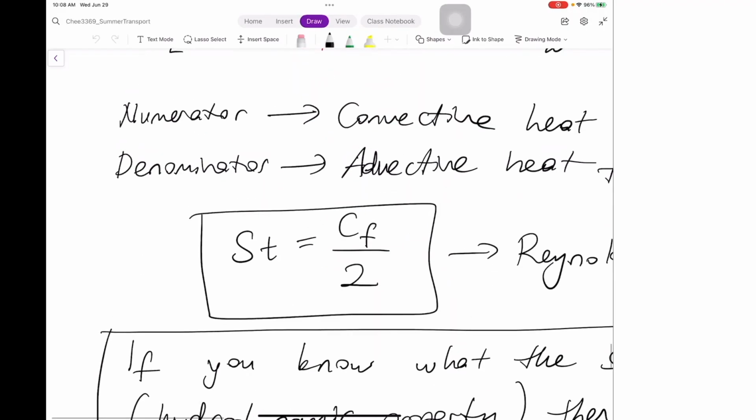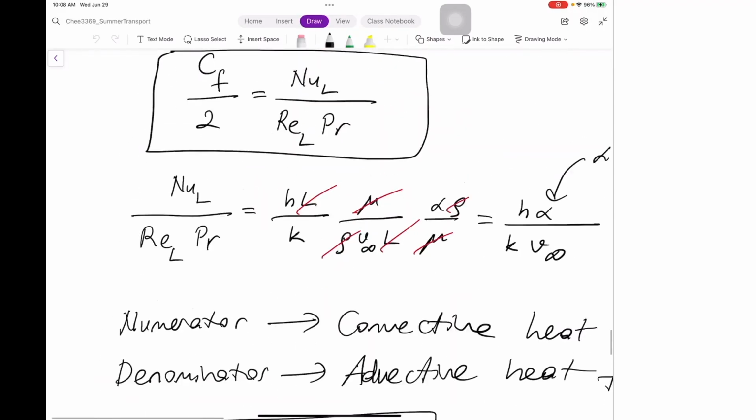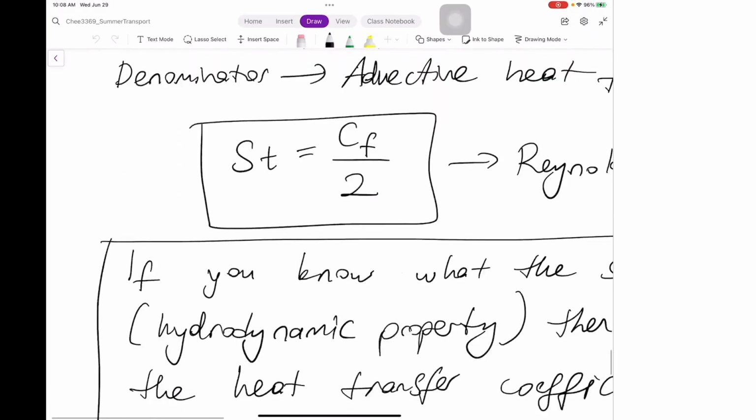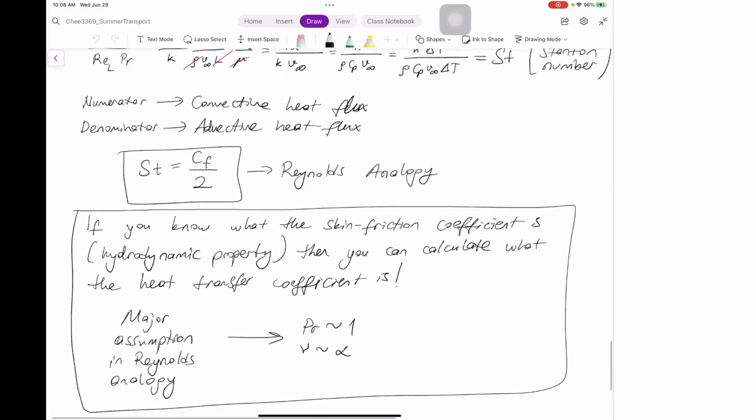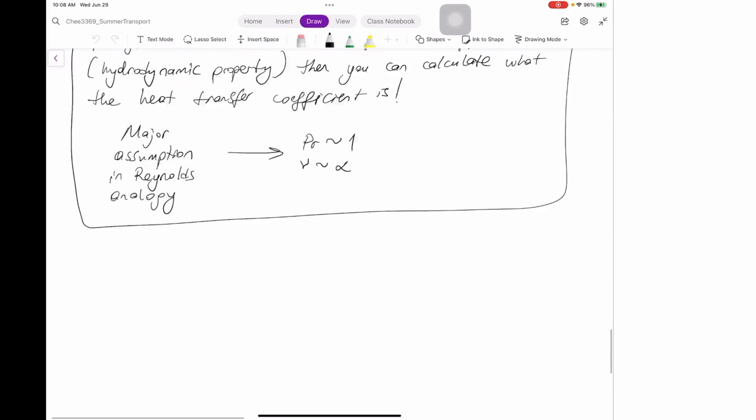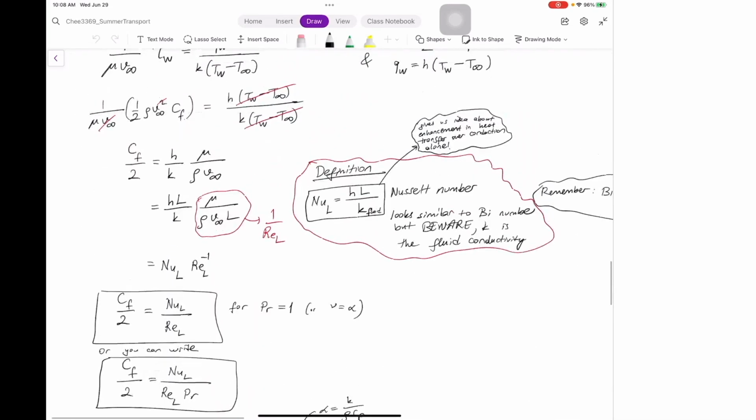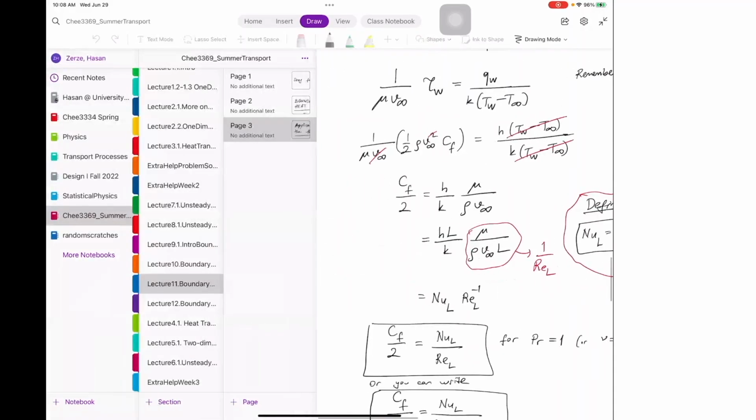We called that the Reynolds analogy. But we should keep in mind that we made this equation correct under the assumption that the Prandtl number is almost 1. Okay. So that was what we learned yesterday.